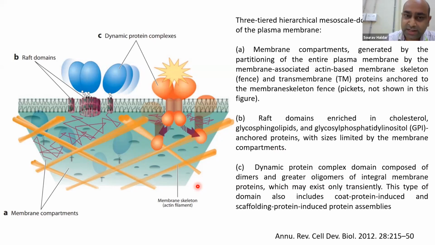So, just to give you a glimpse, as I said earlier, one of the basic assumptions in the fluid mosaic model was that the lipids are homogeneously mixed in the plane of the bilayer, and they are free to diffuse along the plane of the bilayer.